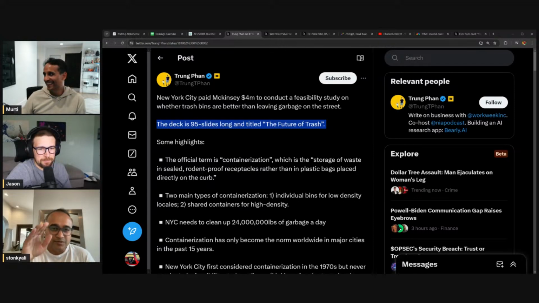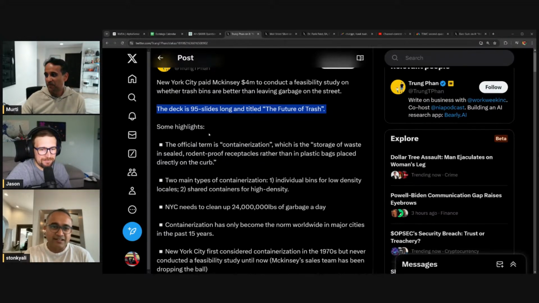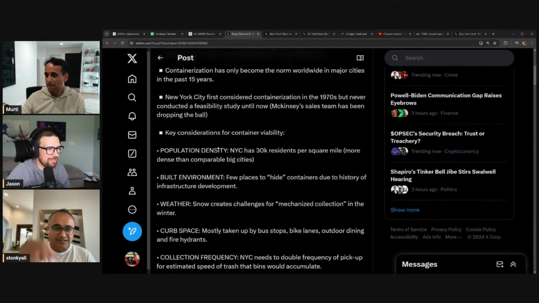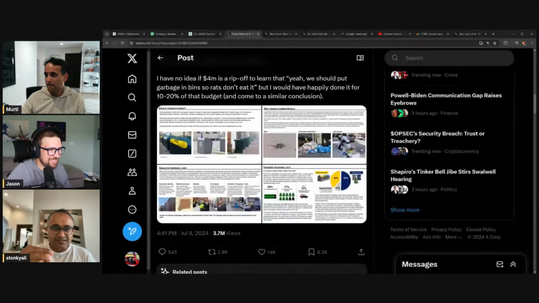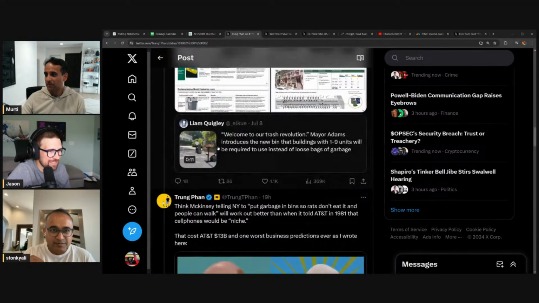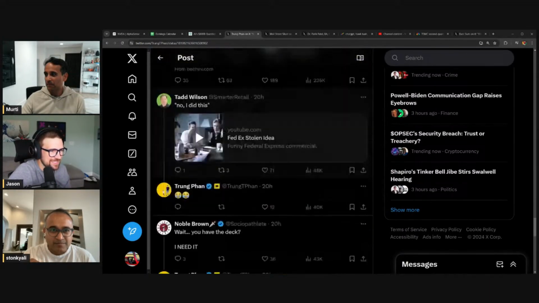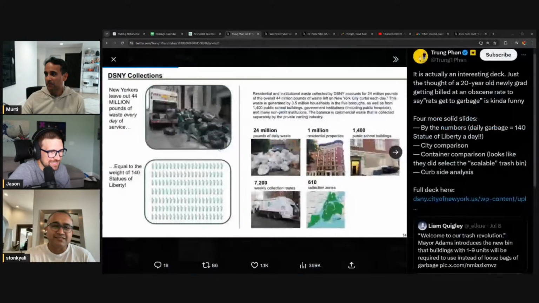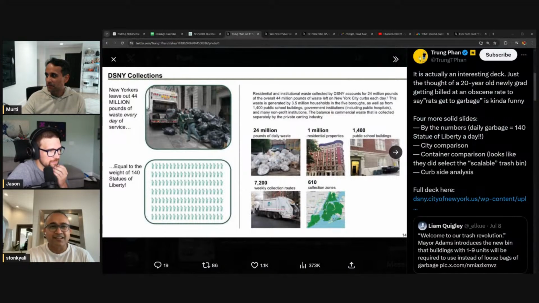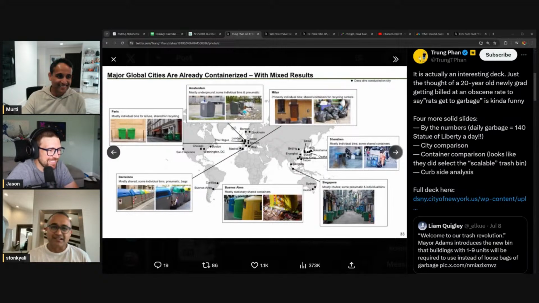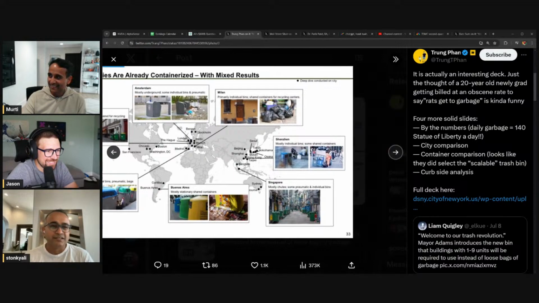And McKinsey came back, and the solution for $4 million was basically: look, just have garbage bins like every other city. And the mayor went out and made an announcement, shaking hands, saying, "We will finally bring garbage bins to New York City."